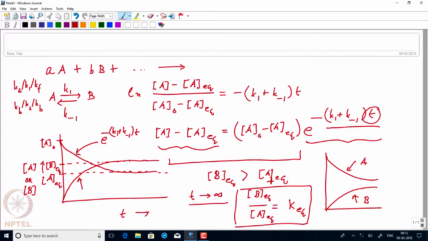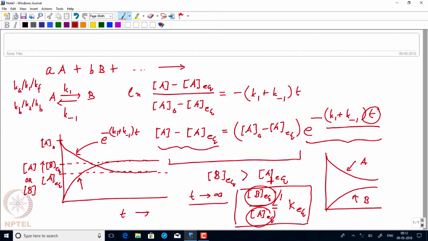Now we have to be very careful when we say thermodynamic equilibrium constant, because strictly by definition, whenever you write a thermodynamic equilibrium constant, it is unitless. So all these B's and A's are inherently divided by the unit concentration. Like if I express B in terms of moles per liter, I have to divide by 1 mole per liter, or the standard concentration unit, so that K equilibrium becomes concentrationless.